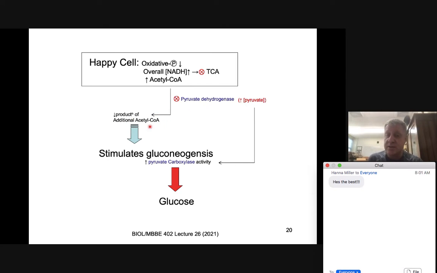Therefore we'll see additional decrease in production of acetyl-CoA, but we've still got a lot in there because we've basically stopped. And we also have other sources of acetyl-CoA, which we'll see a little later on. So in this case, it's just an illustration of the complexity.